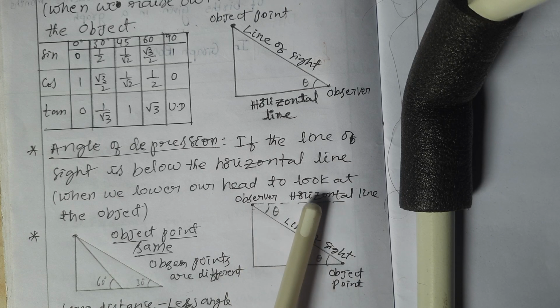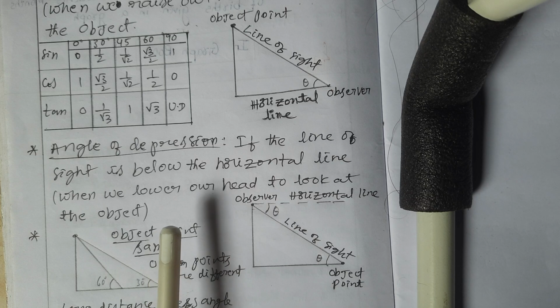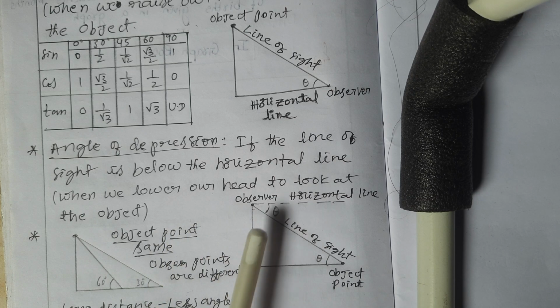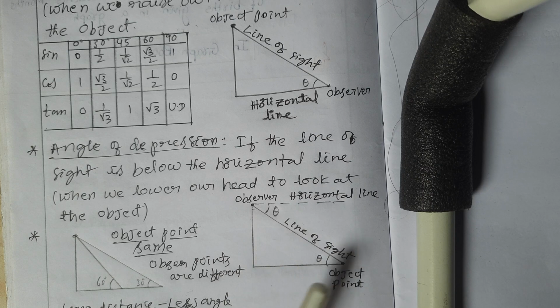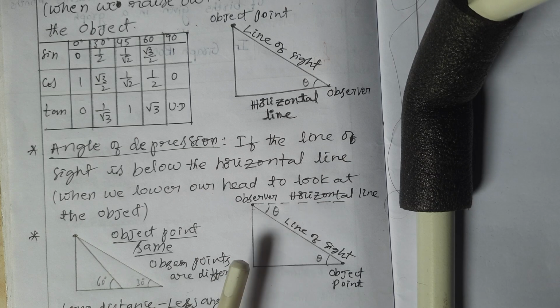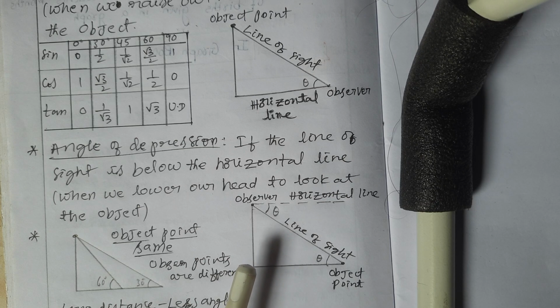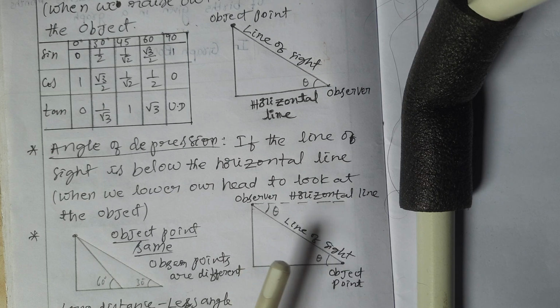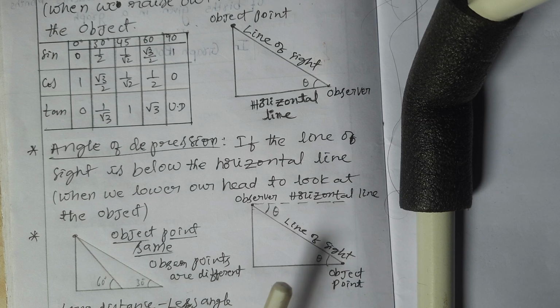Line of sight is below the horizontal line, meaning when we lower our head to look at the object, that is angle of depression. Here the object point is downside. From the top of the building we observe a bike or a pole, its bottom or top. When we get the sums, we can understand all these concepts.